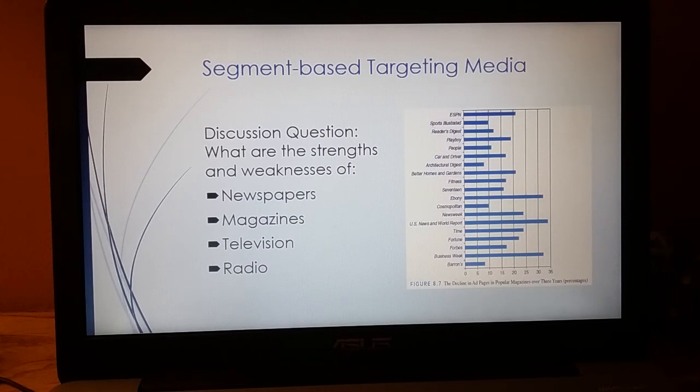It takes a look at a variety of different media and the decline in their advertising.